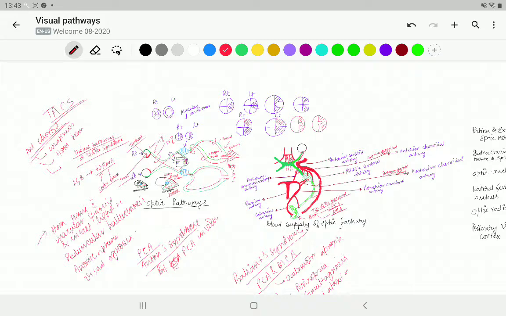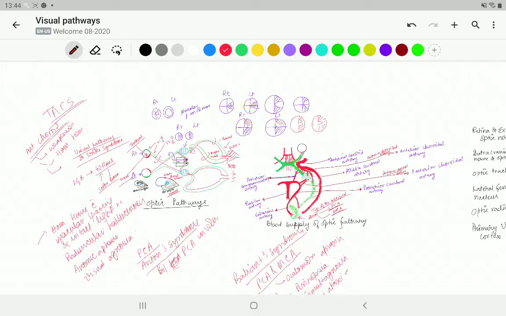The lateral geniculate body has got blood supply from both anterior and posterior circulation. The anterior circulation representative is the anterior choroidal artery, which supplies the lateral half of the lateral geniculate body, and the medial half is supplied by the posterior choroidal artery, which is a branch of the posterior cerebral artery.